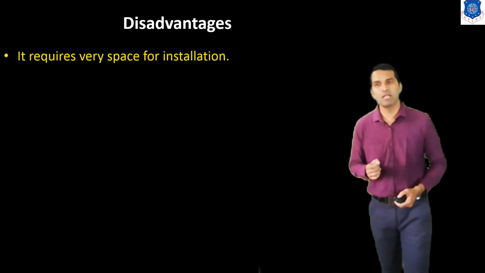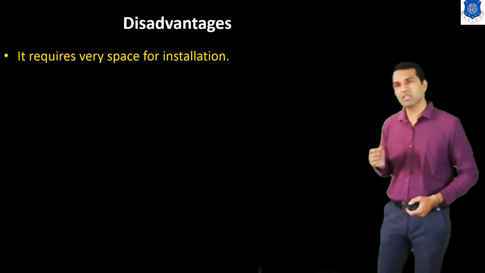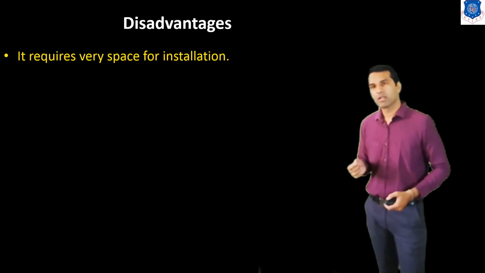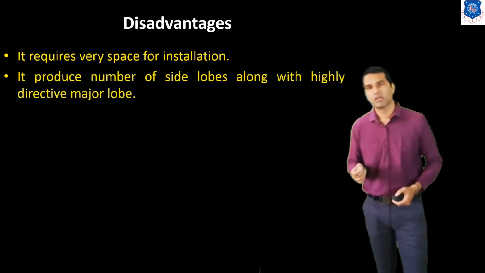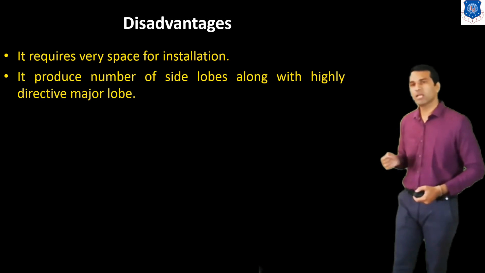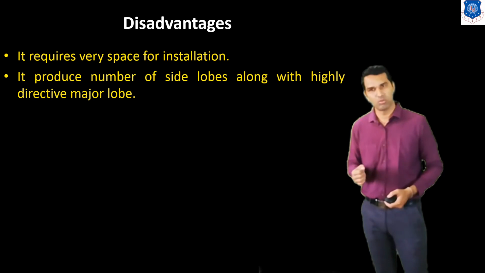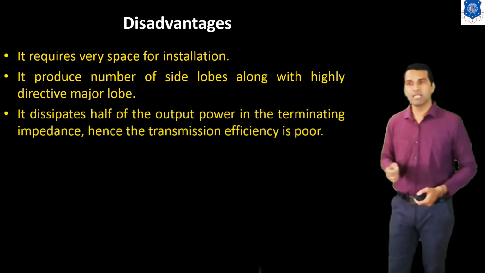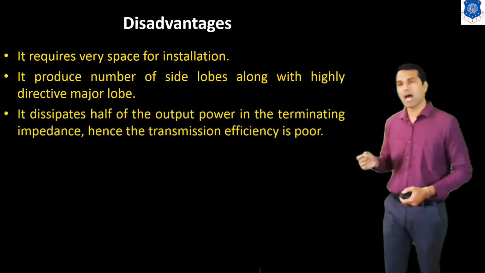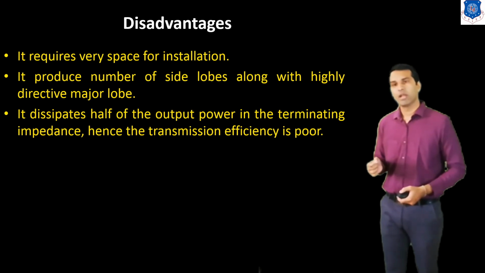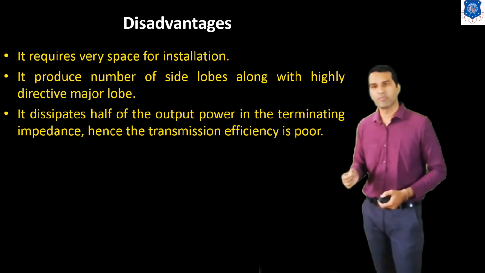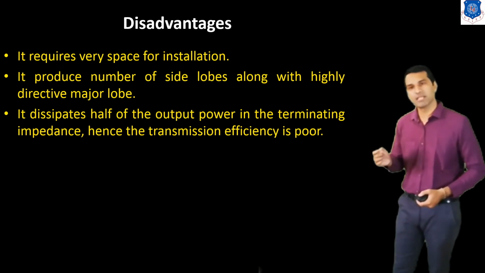First, it requires a very large space for installation. Second, it produces a number of side lobes along with the highly directive major lobe. Third, it dissipates half of the output power in the terminating impedance, hence the transmission efficiency is poor.